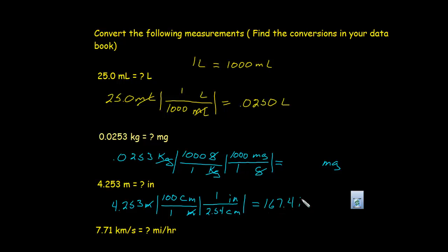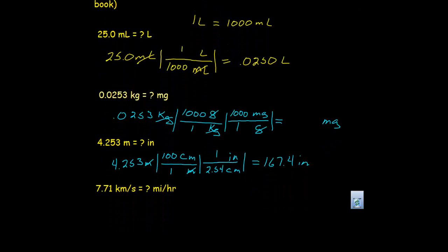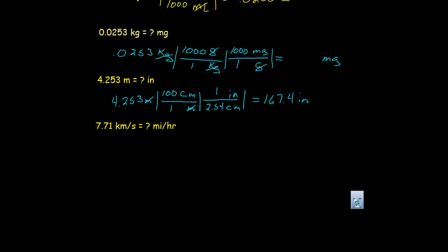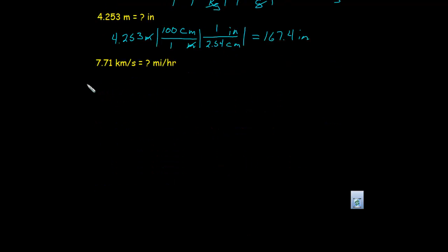All right, the last one here, we have a couple units that we have to convert, which makes the problem a little bit harder. So I'm going to start out and say, okay, I got 7.71 kilometers for every 1 second. So what I need to do is convert both seconds and kilometers. Seconds we can go right away, seconds to hours.